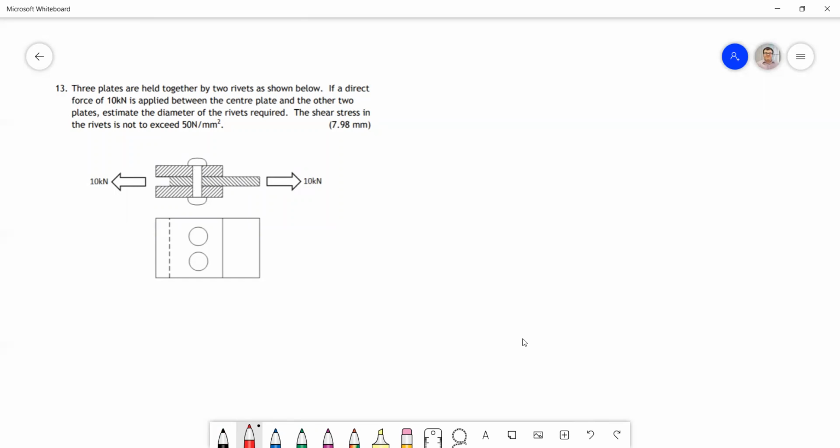So let's see what else is going on in this question. The force that's been applied directly to the plate and in shear to the rivet is given as 10 kilonewtons. So we can make a note of that. It's a 10 kilonewton force. And we're told that the shear stress is not to exceed 50 newtons per millimeter squared. We can use this as a value in our calculation.